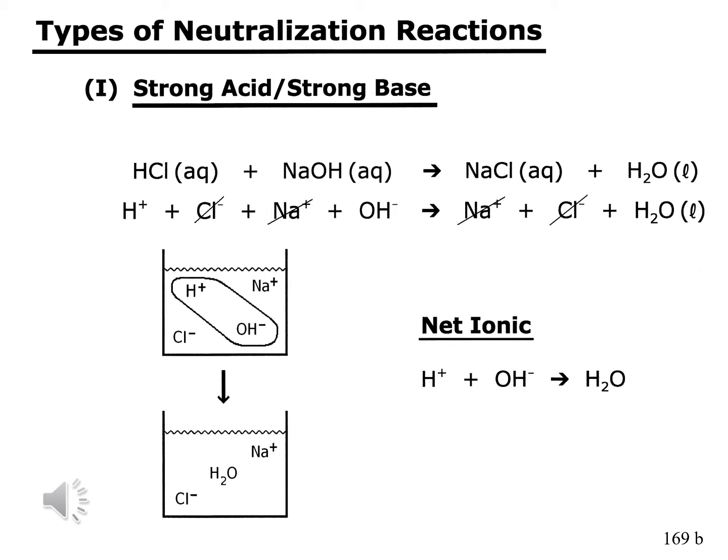And if you cross out what's the same on both sides, those are the spectators, and you end up with the net ionic that I have written there. The goal of this discussion is for you to be able to easily write the net ionic equations for each type of reaction. And as we go, I'm going to show you how to do that from scratch, but then I'm going to show you a simplified method to do it later.